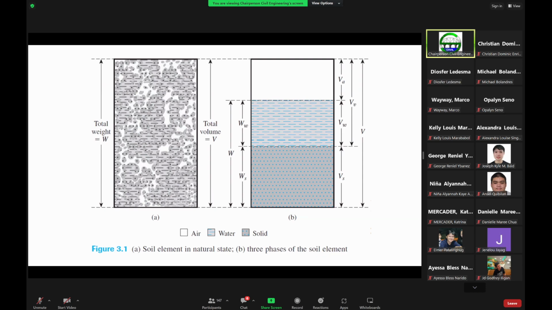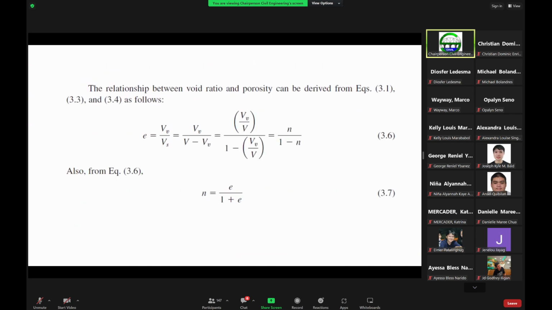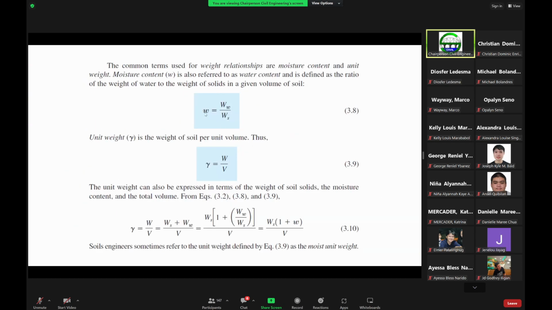In this case, the water content is sometimes called the gravimetric water content, because the weight is a function of gravity. It's mass times acceleration due to gravity that is weight. So that's why this can also be called a gravimetric water content, because there's also what we call the volumetric water content, which is in terms of volume.